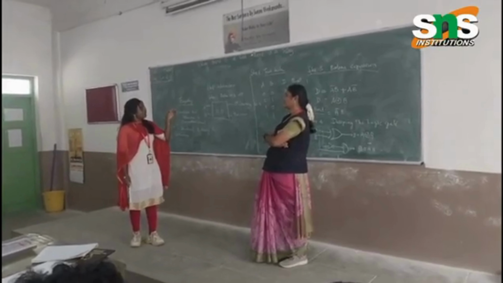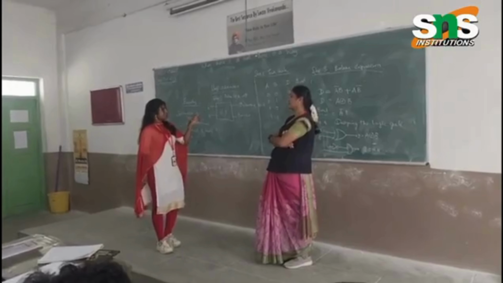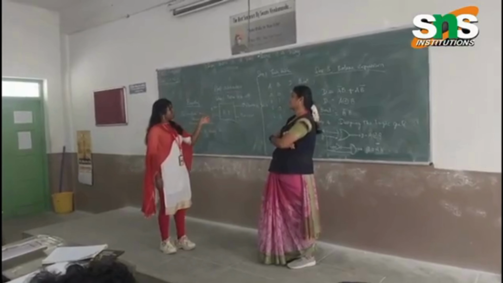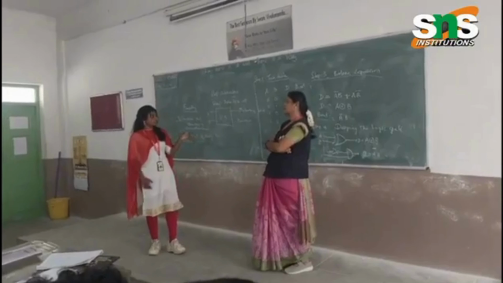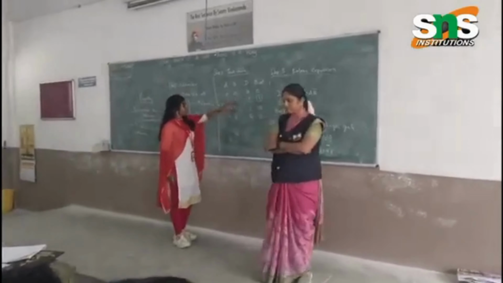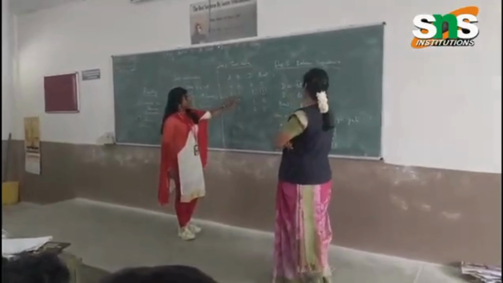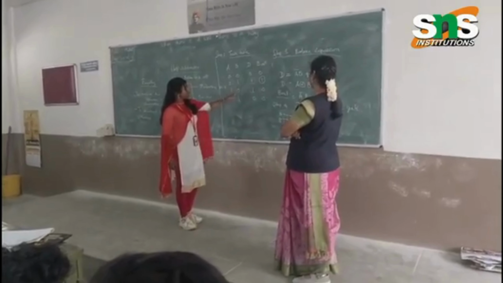By putting in the truth table, we get zeros and ones. By the Boolean expression, where the output is one, we take that expression: A bar B plus A B bar.